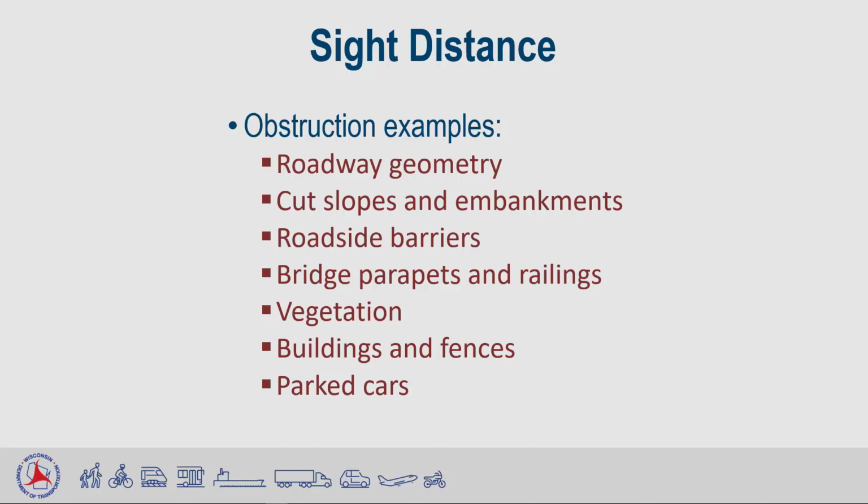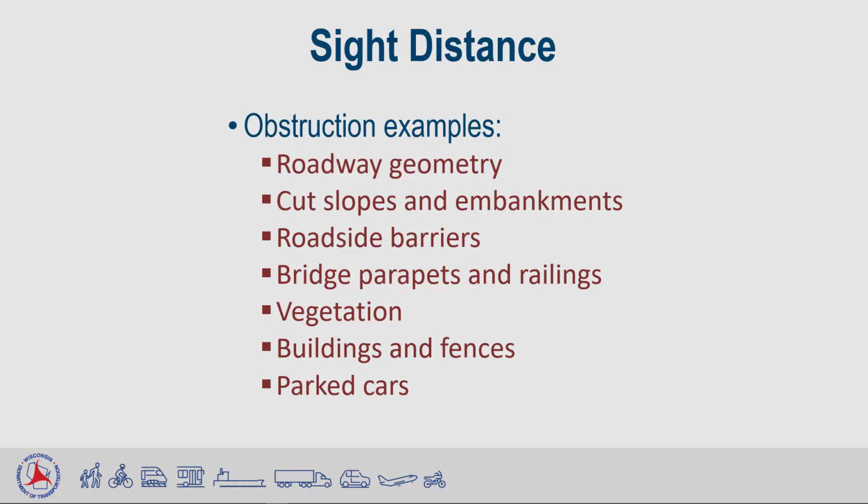Now that we've reviewed sight distance along a profile, I'll next cover 3D analysis. When fully utilizing 3D data, we can perform a better analysis of the obstructions that may impact a driver's sightlines along a roadway. Example obstructions include, but are not limited to, the roadway geometry, which would include the vertical profile, the horizontal alignment, and sometimes the slope of the roadway itself.